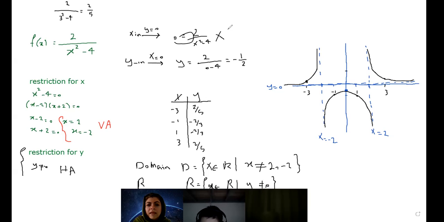I'm going to do the end behavior. Can anyone tell me, when x goes to positive infinity, what does y do?